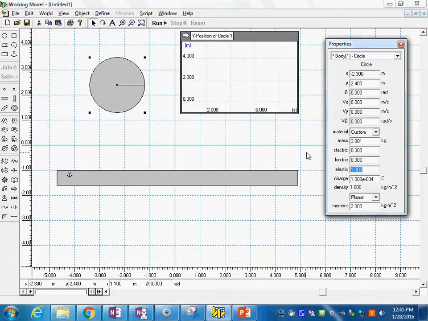Let's see those good brains. What if we set this to 1, what will happen? And also, what's the meaning of this? 1 means totally elastic collision, right? Okay, so what would you expect will happen? It will bounce forever. Okay, let's see if it's true.